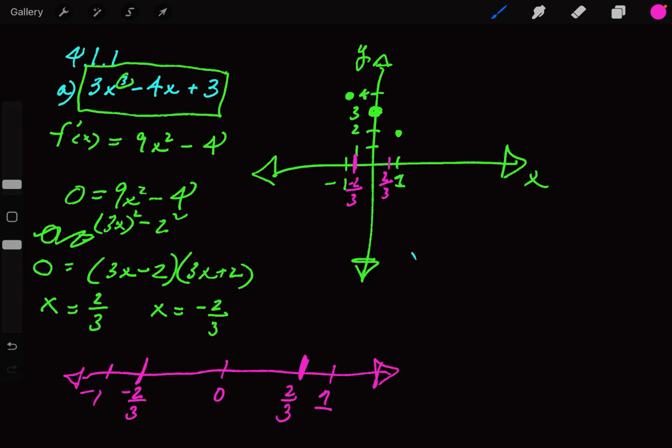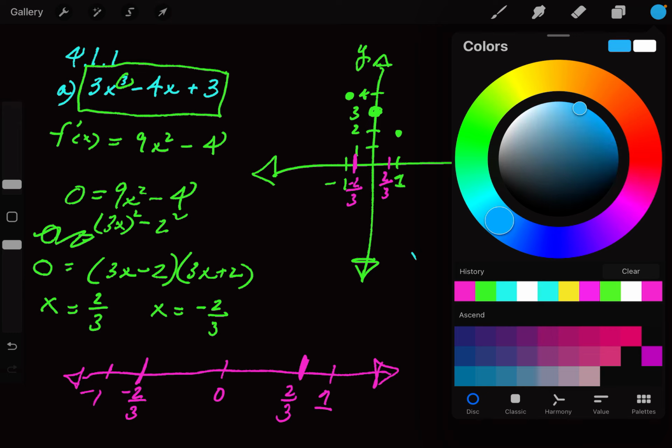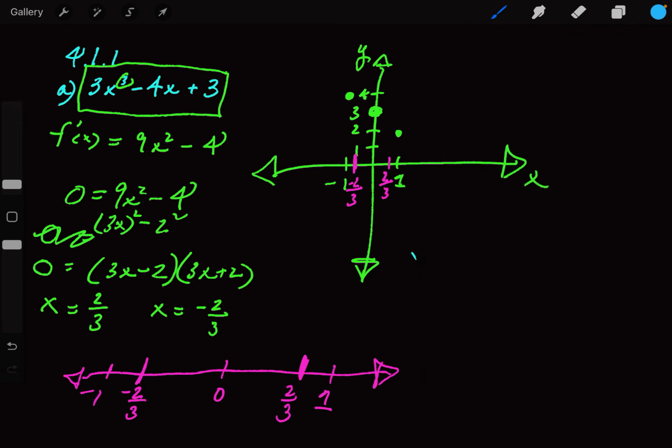Those are the 3 intervals, and you just test what's happening to your derivative in each of them. So you start here: -1 is to the left of -2 over 3, so you use that as a test point.